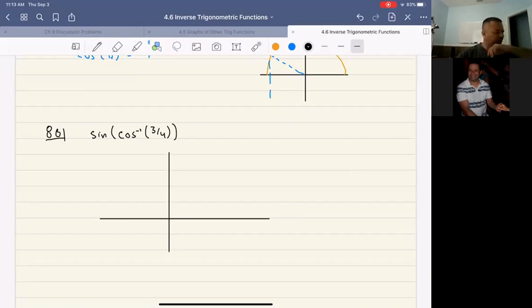Now, where does our triangle live? Because we're using inverse cosine, our triangle is in either the first or second quadrant. So inverse cosine of something means first or second quadrant.